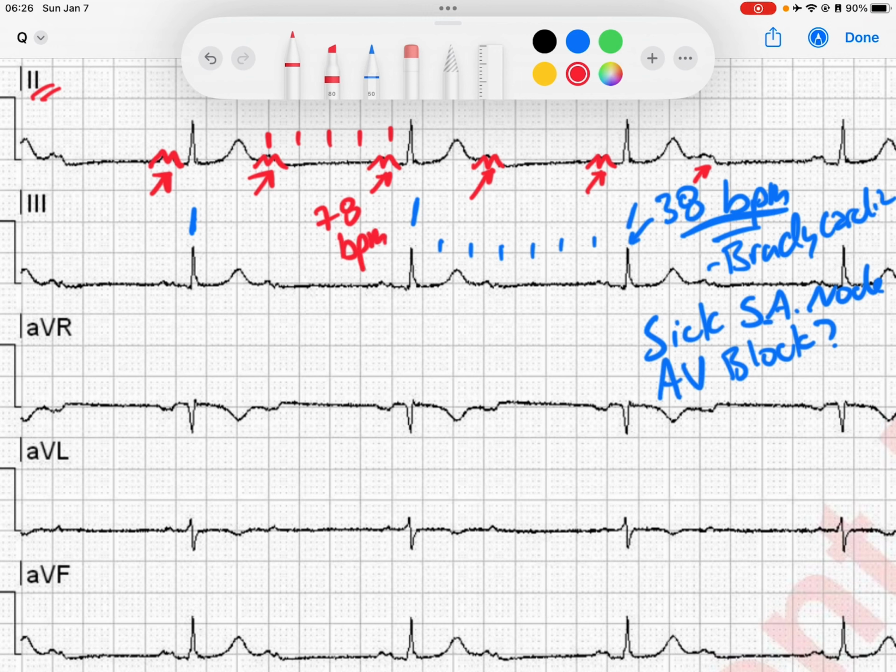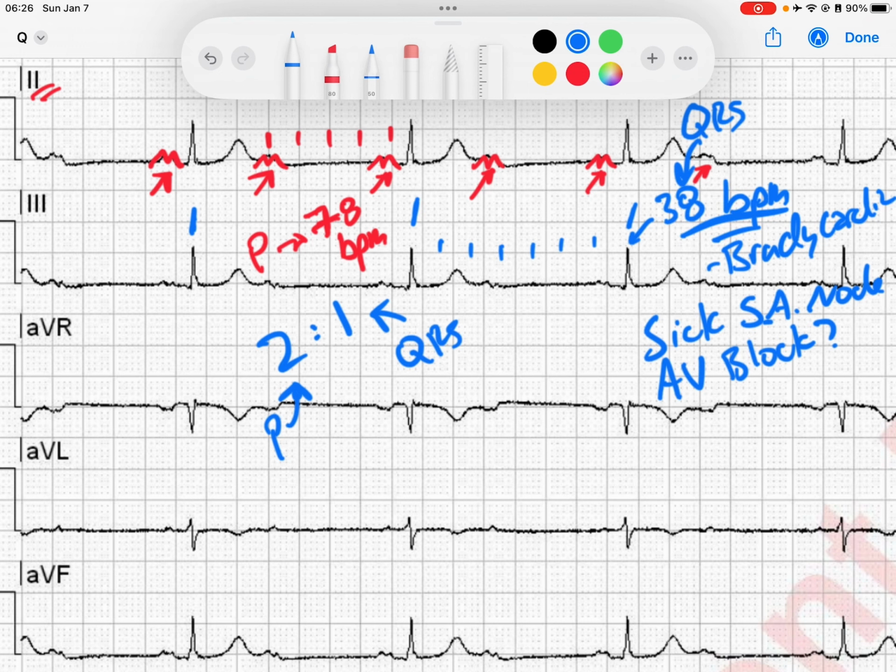Essentially, though, if you compare the atrial rate, so these are my P's, and this is my QRS rate, there are 2 P waves for every 1 QRS. So it's 2 P waves for every 1 QRS. And so this is what appears to be a very high-grade AV block.